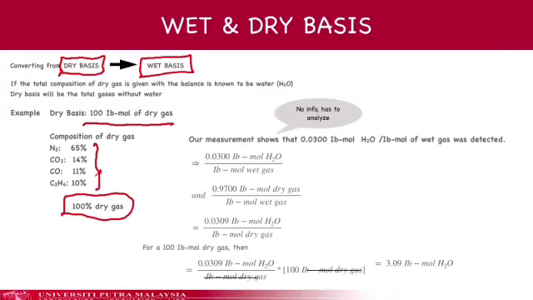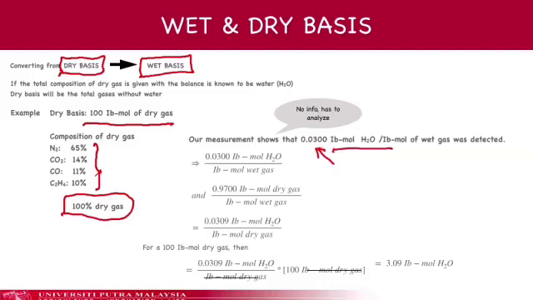But when we send the sample of the gas to a gas analyzer, we detected that there is a presence of about 0.03 pound mole of water for every 1 pound mole of wet gas, right? So when we do the analysis using the gas analyzer, this is what we have.